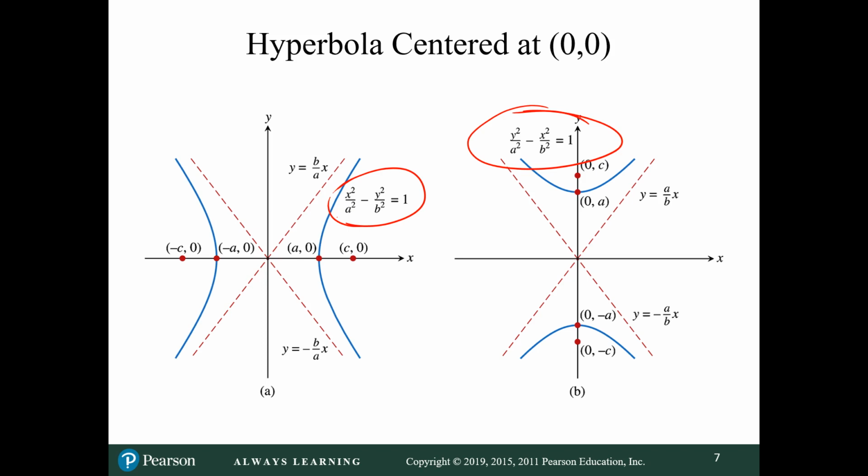By your x positive one, it's right-left. By your y positive one, it's up-down. Notice it's b over a and negative b over a for your right-left asymptotes, and it's a over b and negative a over b for your up-down asymptotes. So it all depends where they're at.